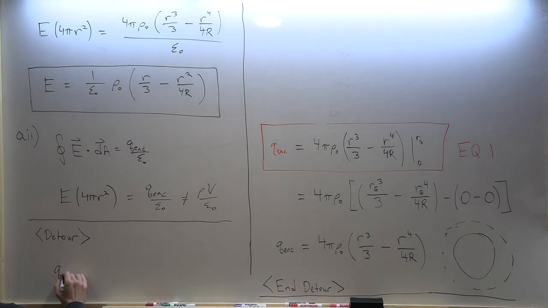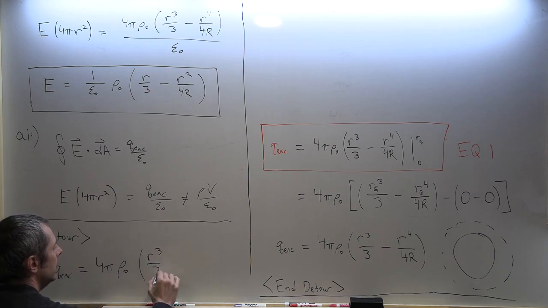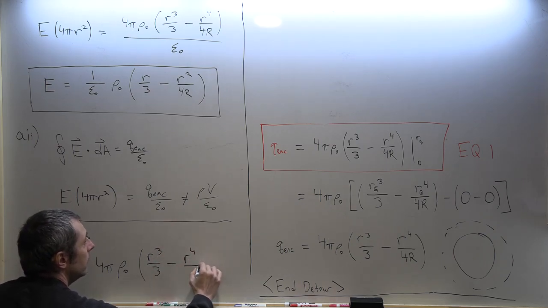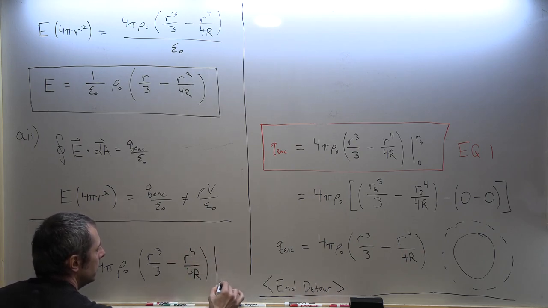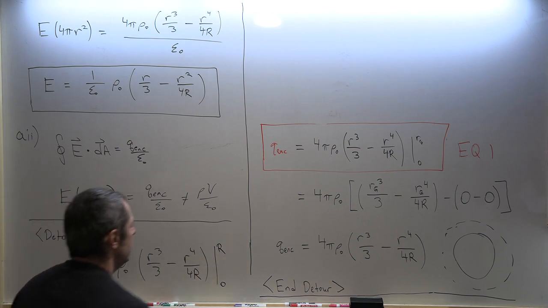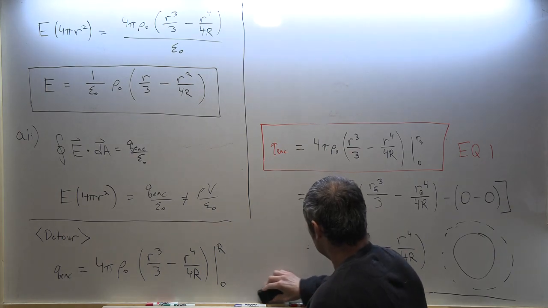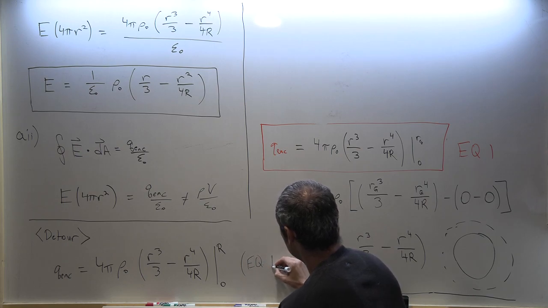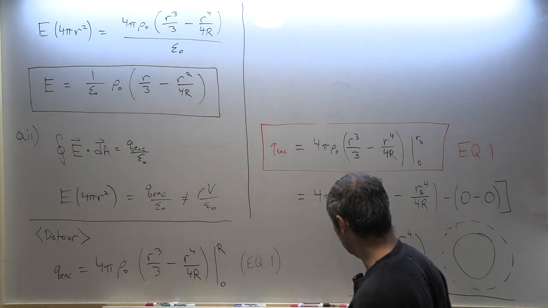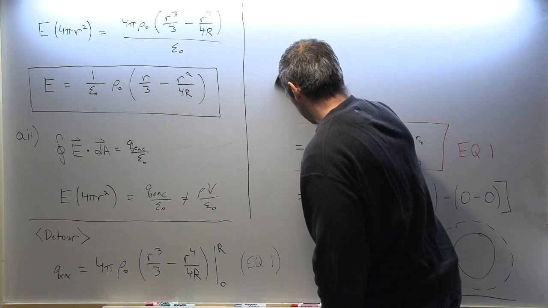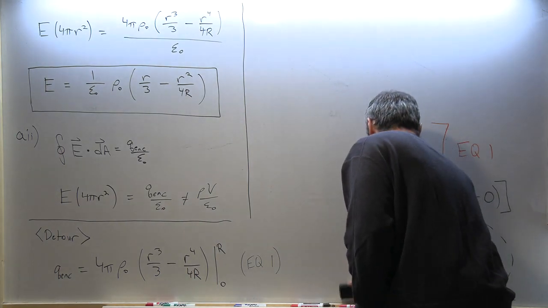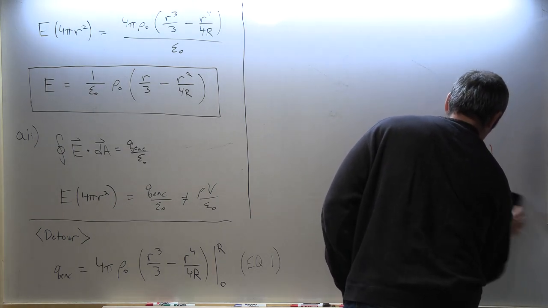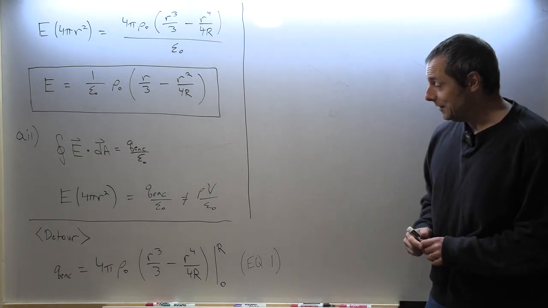So Q enclosed equals 4 pi rho 0, r cubed over 3 minus r to the 4th over 4r, from 0 to capital R. And you could write in your notes, this is from equation 1, because you have it circled earlier in your notes. Okay, so let's plug in our limits.